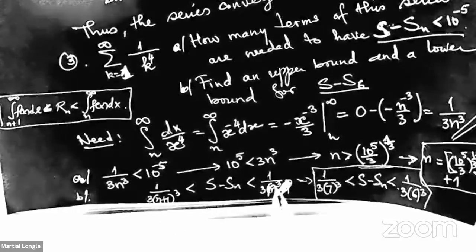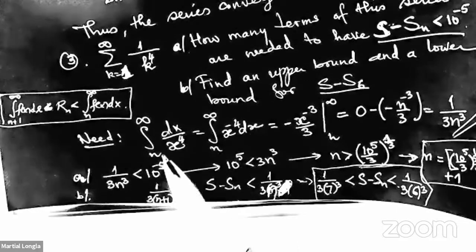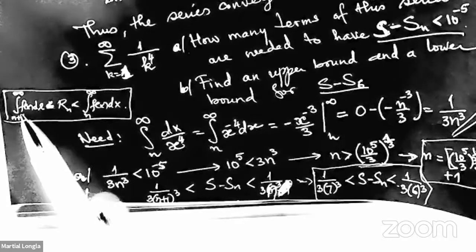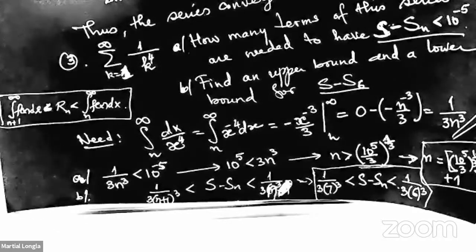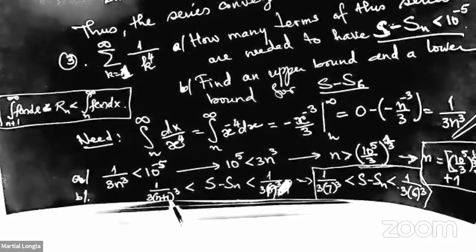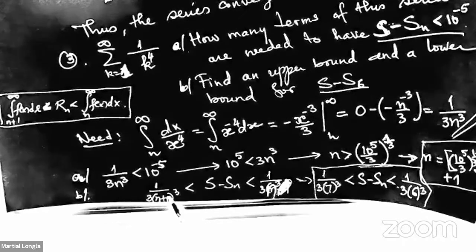That's what you do here, and that's why it's important to compute this integral, and then you just substitute n plus 1 to get the left-hand side. So you don't need to compute that integral twice. You compute it one time, and for the left-hand side, you just replace n by n plus 1. Am I making sense here? Yes. So that's it.